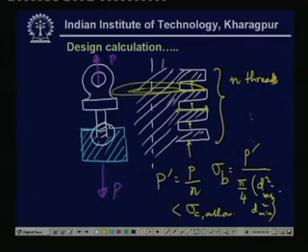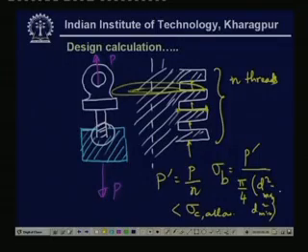Now, it may seem that if we increase n, then sigma b goes down, because if you increase n, P prime decreases, so therefore sigma b decreases. But this is not in fact true, because the analysis is so simplified that it is hardly realized in practice.